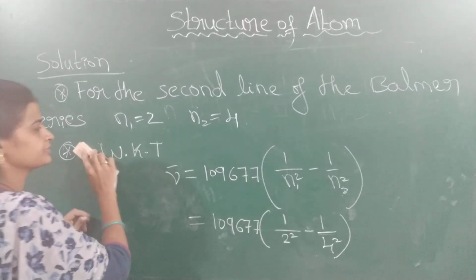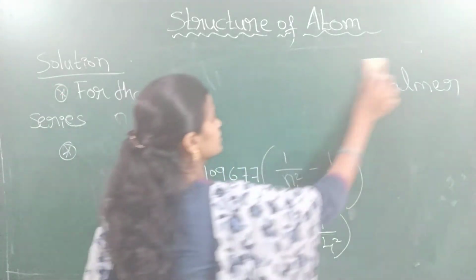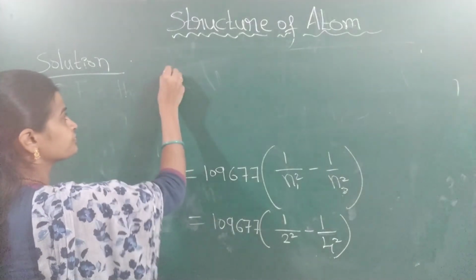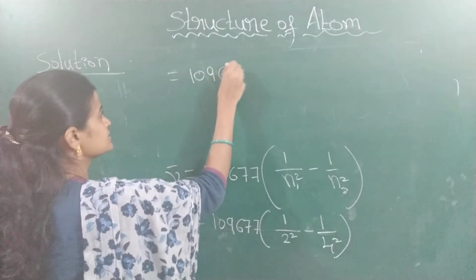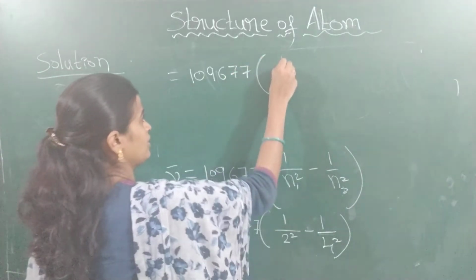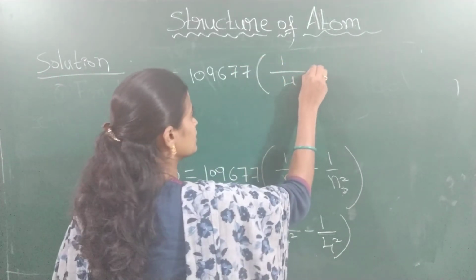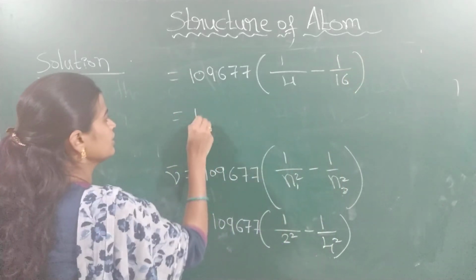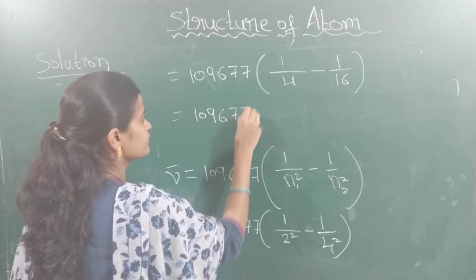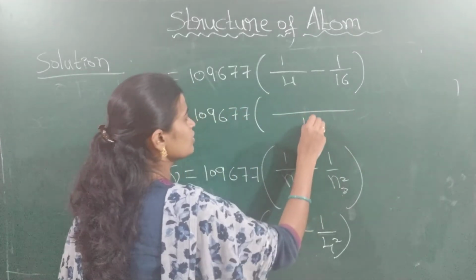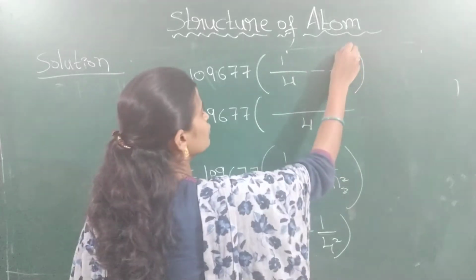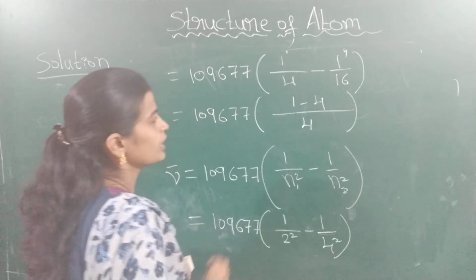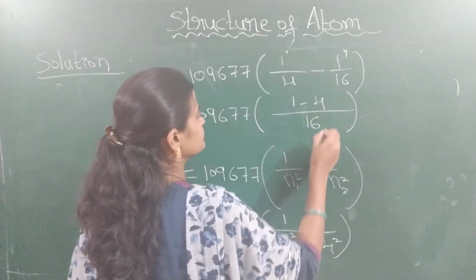How will we simplify this? 109,677 times (1 divided by 4 minus 1 divided by 16). Sorry, 16 I have to take.